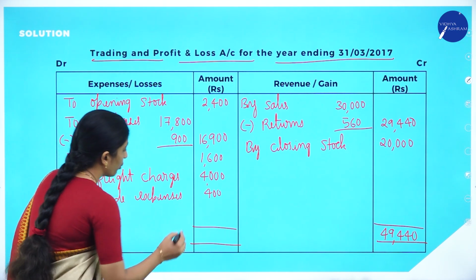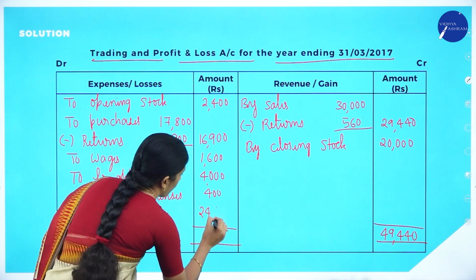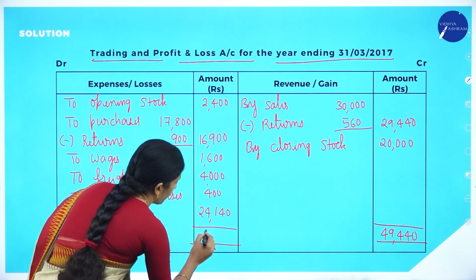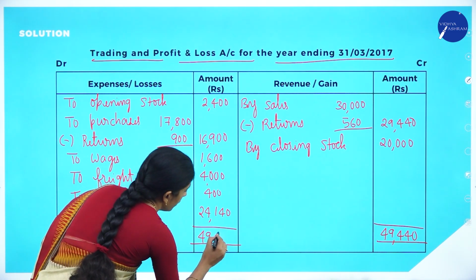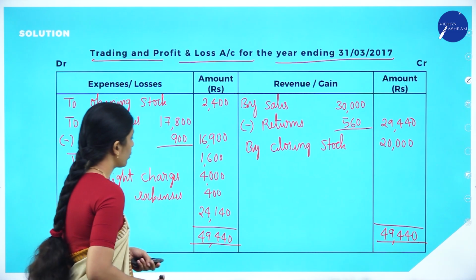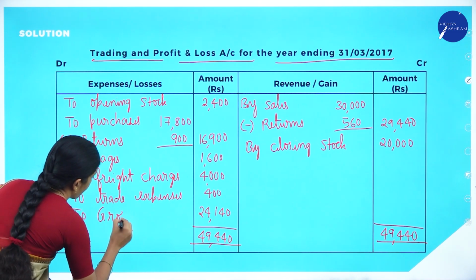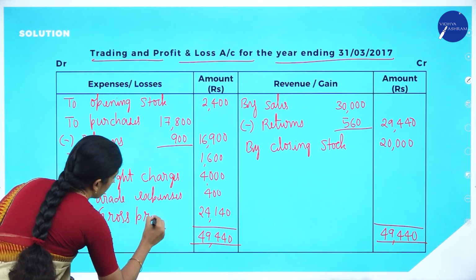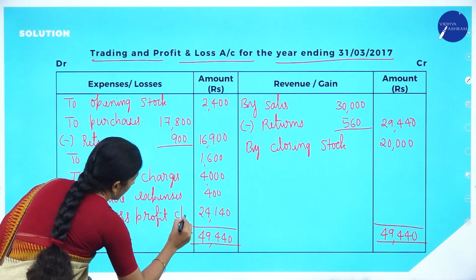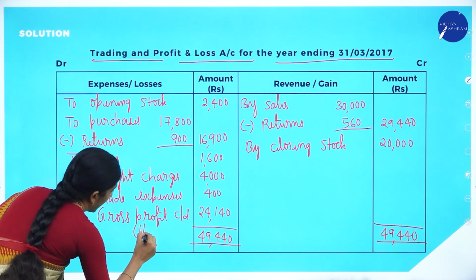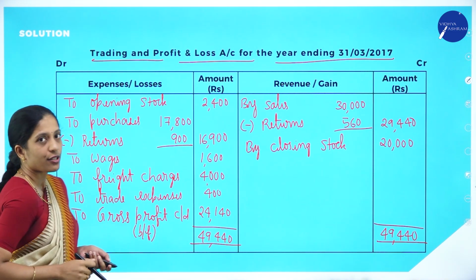So I'll get 24,140. The total on both sides is 49,440. The 24,140 is a balancing figure, so to gross profit carried down, and this is a balancing figure. So this is your trading account.